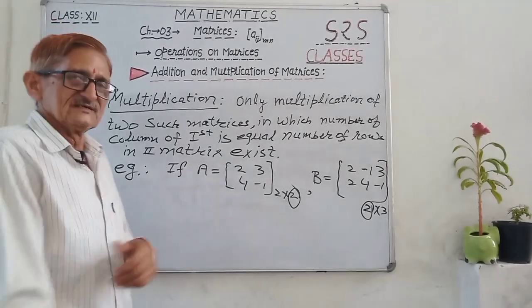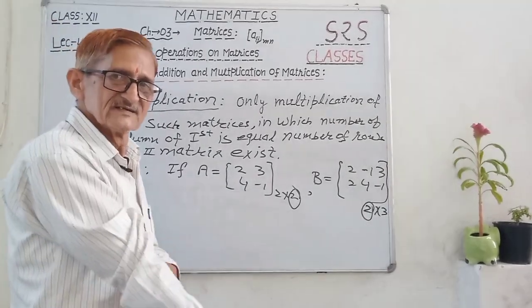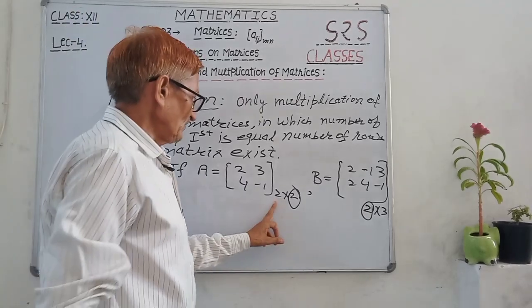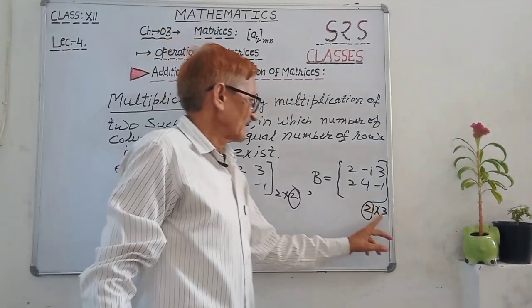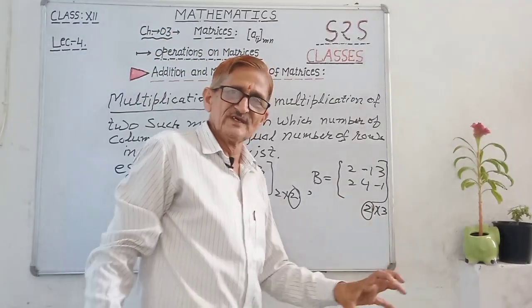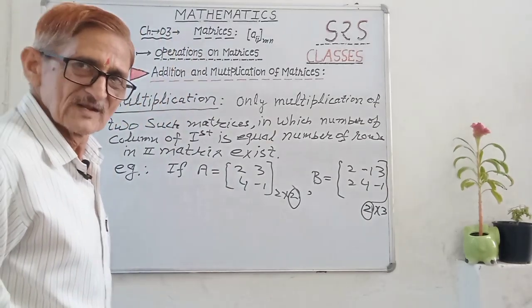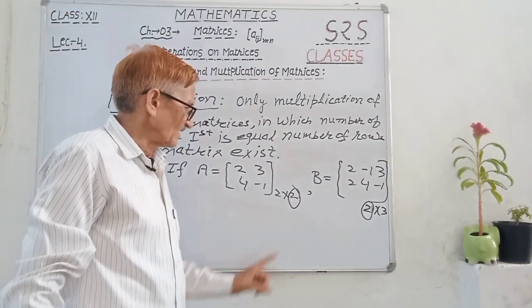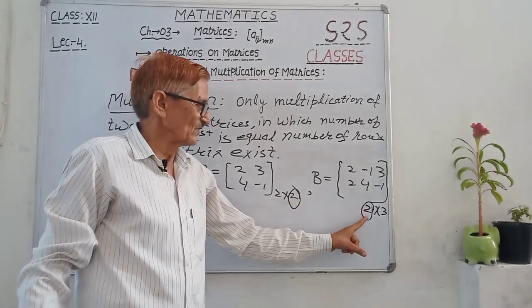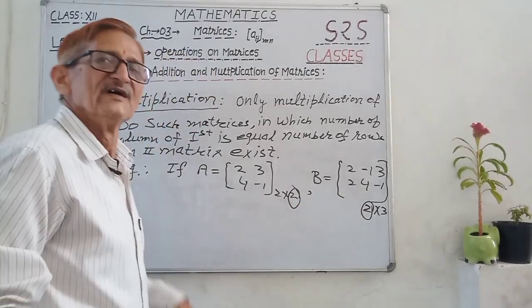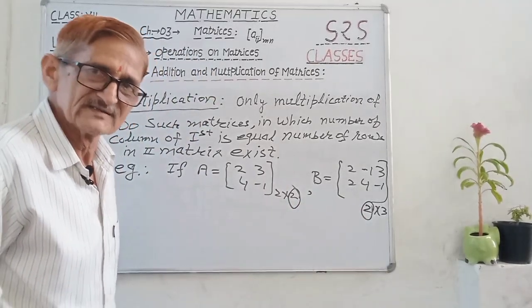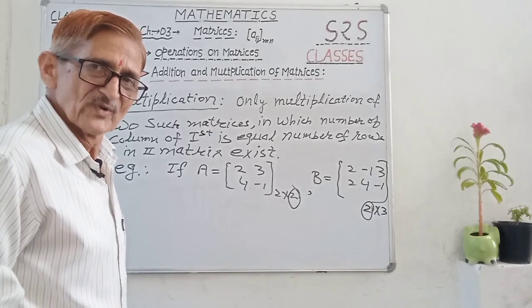Other orders no need to see, okay? The rows of the first and columns of the second no need to see, that may be any, but this must hold to multiply two matrices. Number of columns of the first must be equal to number of rows of the second, then we can multiply, okay? This is an important thing.